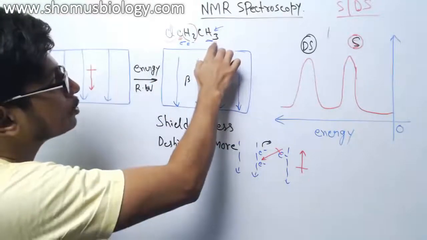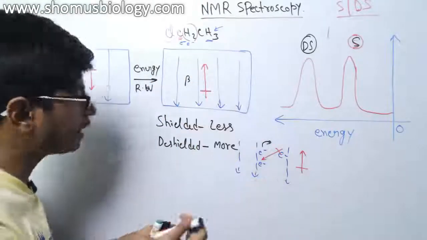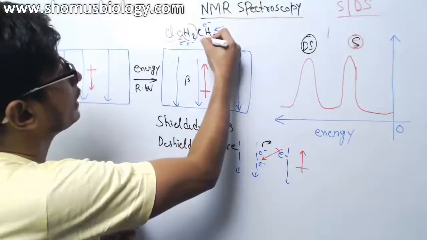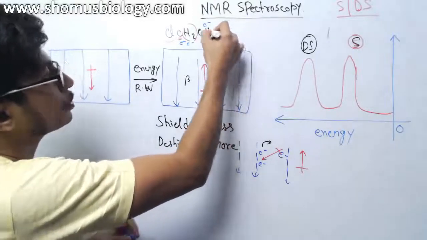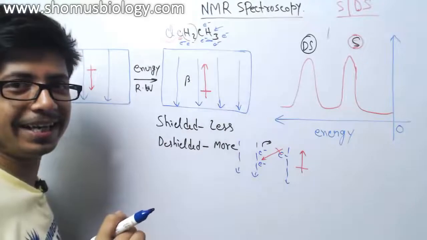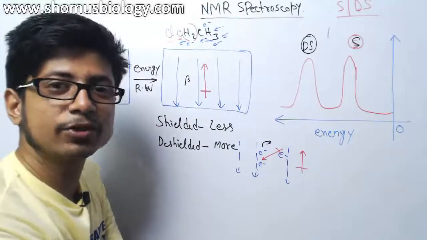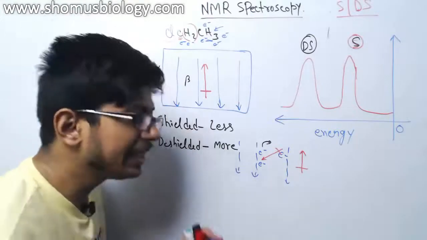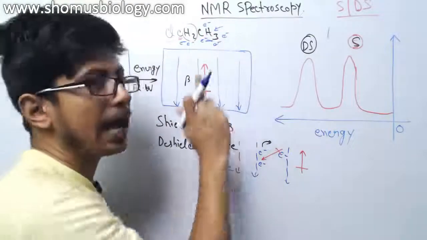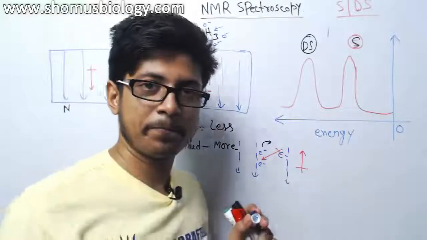So this hydrogen will be shielded by all the electrons coming from the nearby carbon, because this hydrogen also has a nearby carbon, right? So this hydrogen will be shielded by electrons, so we need less energy to shift it back to the beta spin state.